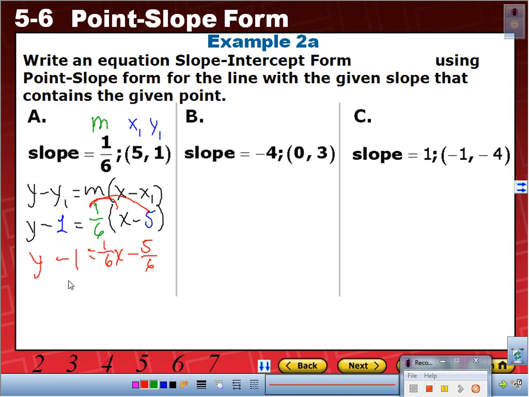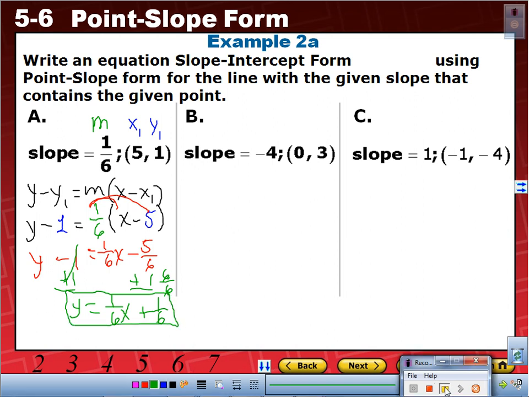Am I done solving for y? No, I need to add 1, add 1. We're left with y equals 1/6x, and if I change this 1 into a fraction, it's 6 over 6, isn't it? So if I have 6 over 6, but I take away 5 over 6, I'm left with 1/6. Copy that, please.